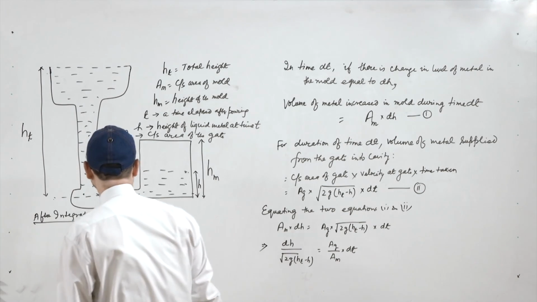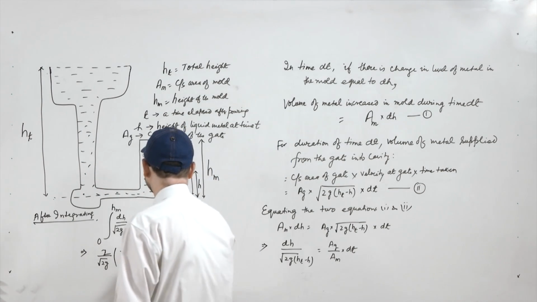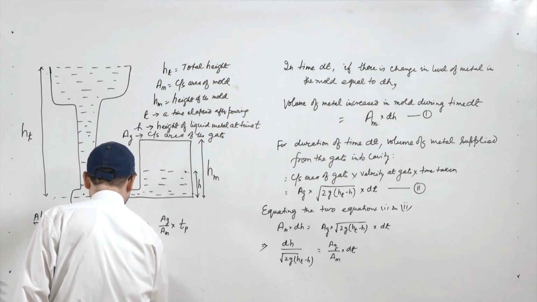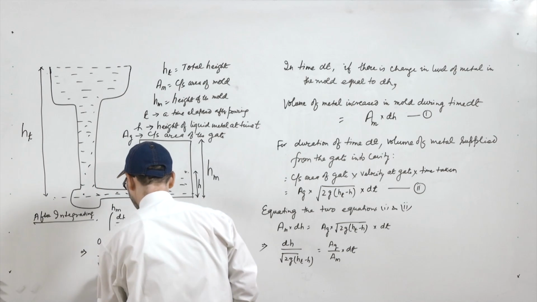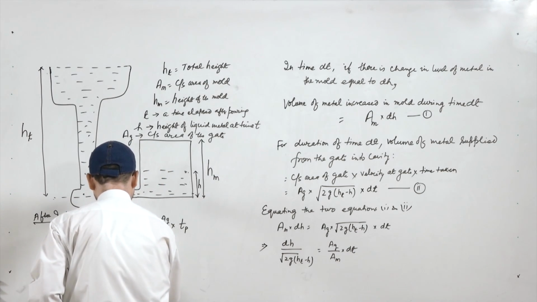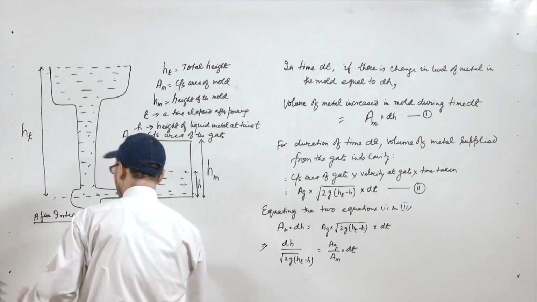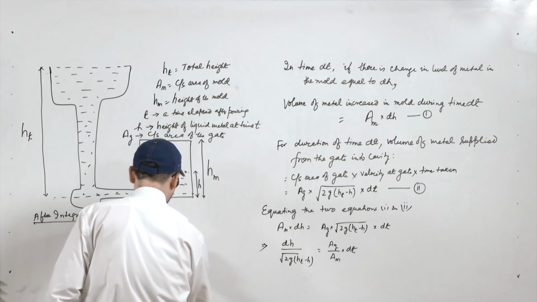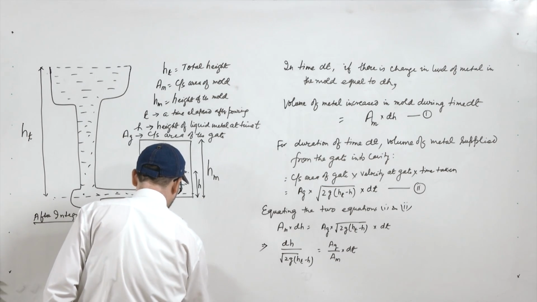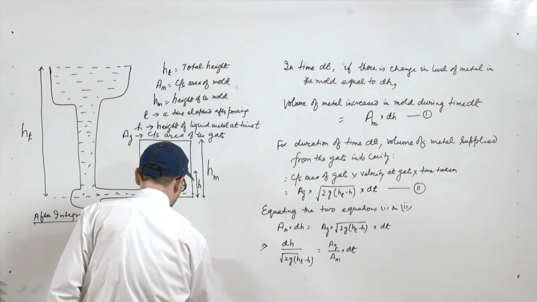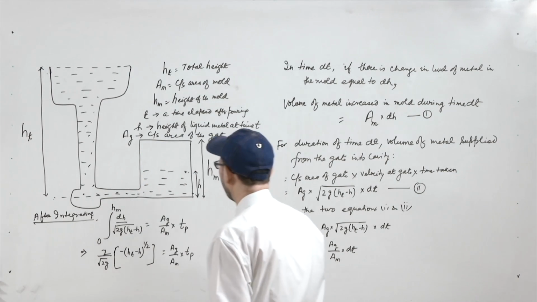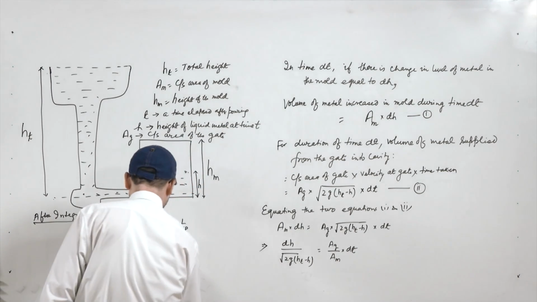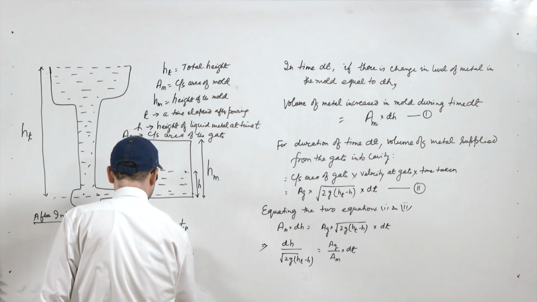So, 2 by root 2g minus of (ht minus h) will be equal to Ag upon Am into time of pouring, and you have to put it from 0 to hm.